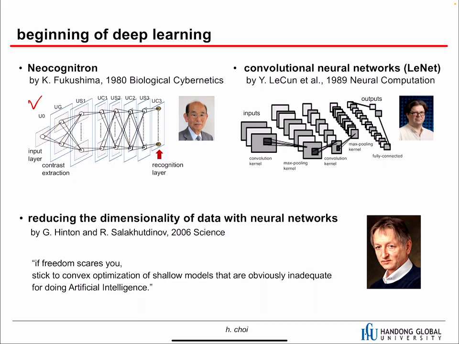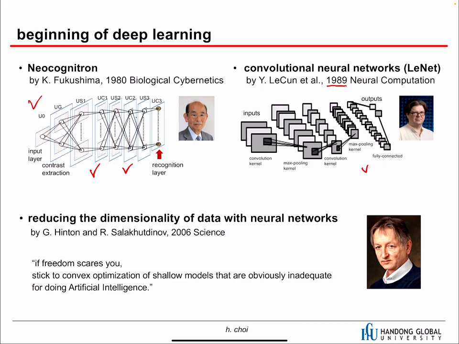Backpropagation was actually proposed in the 1970s, but in 1980 it was not popular, and most people didn't know it. So in 1980, Fukushima proposed this structure with some learning algorithm. Then Yann LeCun took this structure with backpropagation. By 1989, backpropagation was known to many people, so he could propose convolutional neural networks.